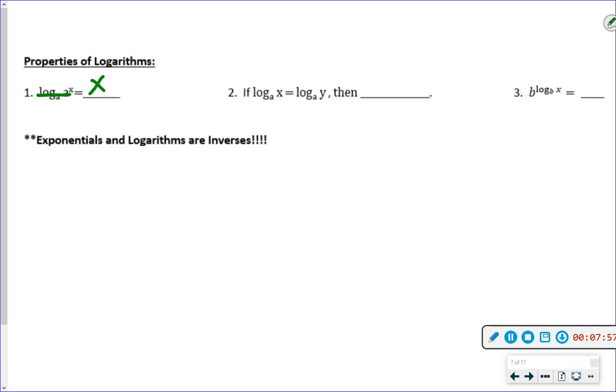They cancel each other out. If you have a log in the same base on either side of your equation, just like if you have the same thing on any side of an equation, they cancel each other out. Same thing. Exponential and a log, same bases, cancel.